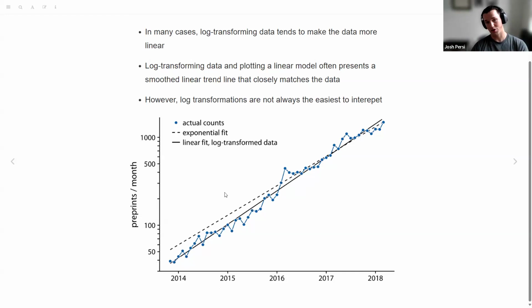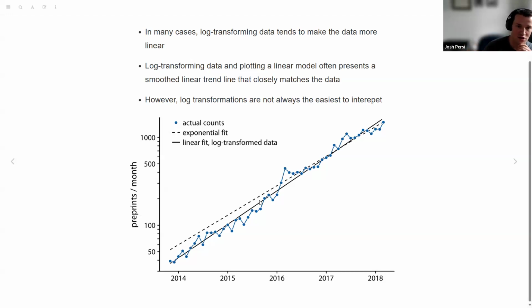He says fitting a linear model on log transformed data is preferable to fitting an exponential fit, because I suppose the exponential equation might have some general issues with overestimating data on the asymptote towards the y-axis, like the origin point.